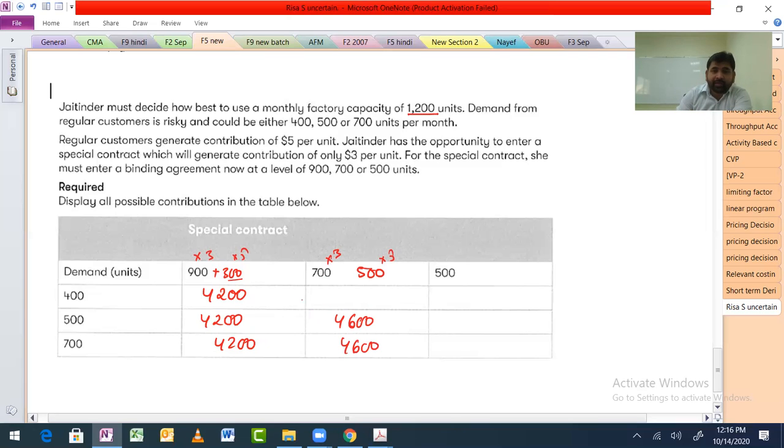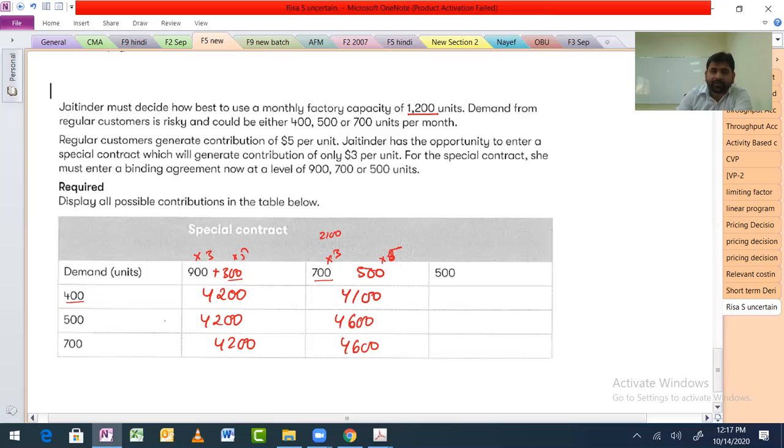The problem is here, because I will be able to sell 700 but the demand is only 400. So 100 will be spare capacity. So 700 into 3, and 400 into 5, 400 into 5, that is 2000. So 4,100 is all I will get.